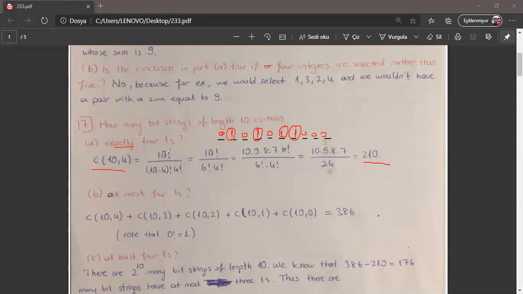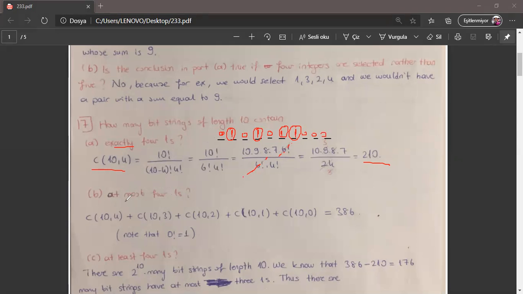How do we compute it? We have 10 factorial in the numerator, and in the denominator we have 10 minus 4 factorial times 4 factorial. So we get this. We rewrite this in this form, and we simplify this and this one. So we get that. Okay, we have the final answer.